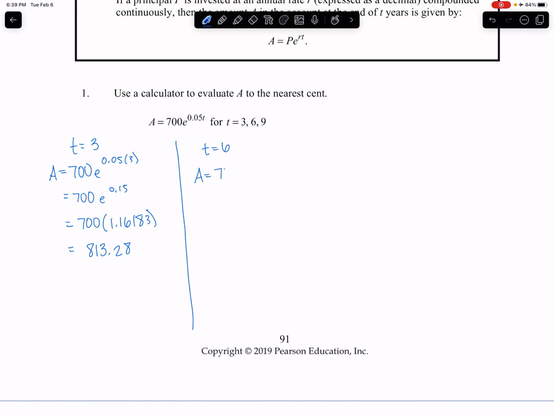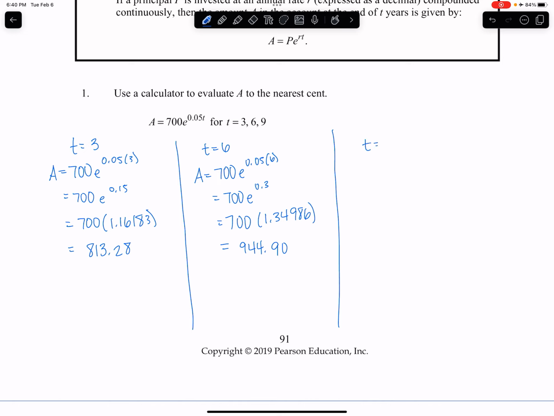A = 700 e^(0.05 × 6), so we'll have 700 e^0.3. e^0.3 is about 1.34986. Multiplying those gives us $944.90.